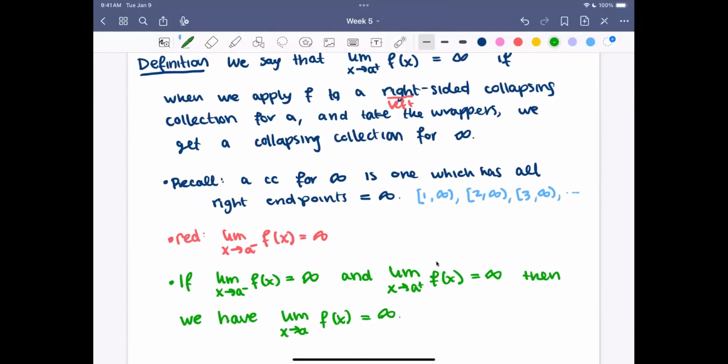And then the last footnote is that we can also make this definition for minus infinity.